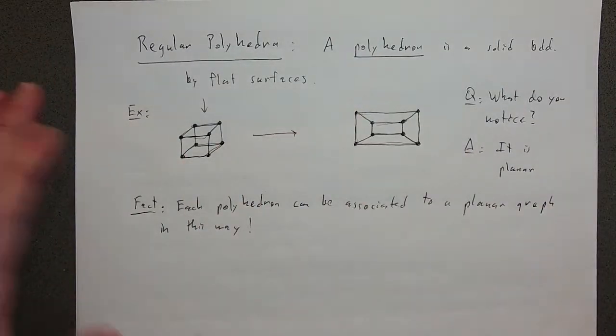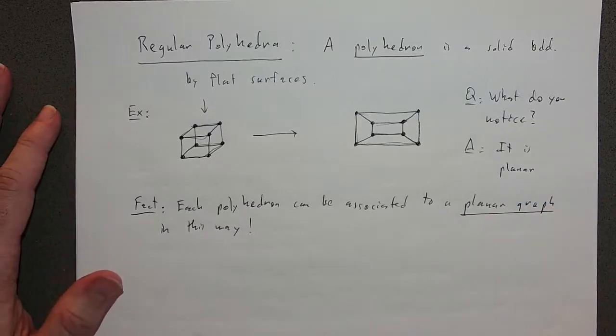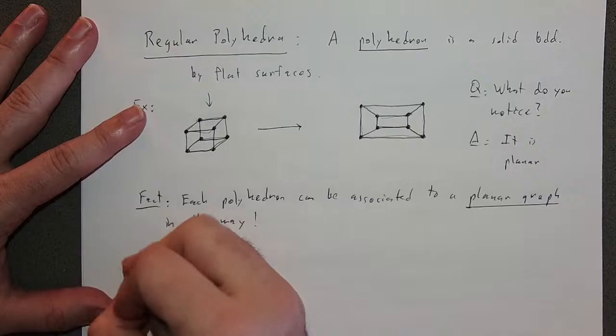So that is what's going on here. I'm saying that each of these is associated to a planar graph, which means that Euler's formula applies to them. So we have the following theorem.